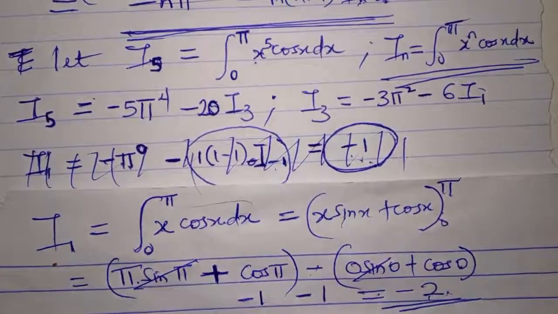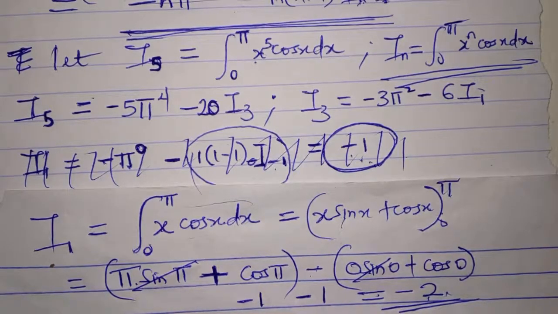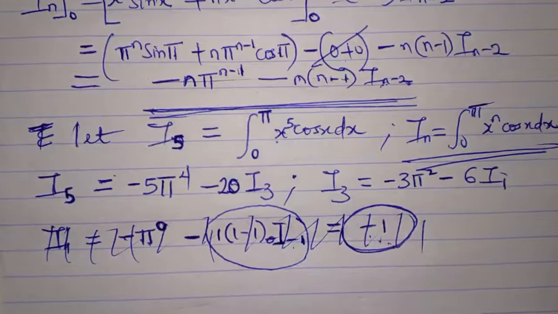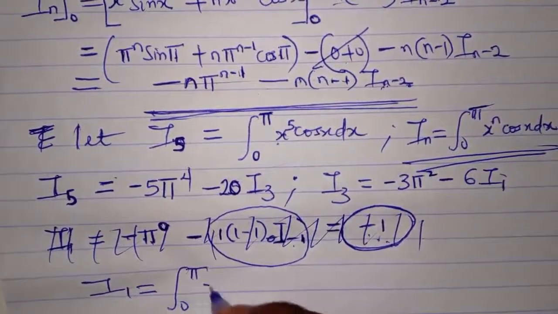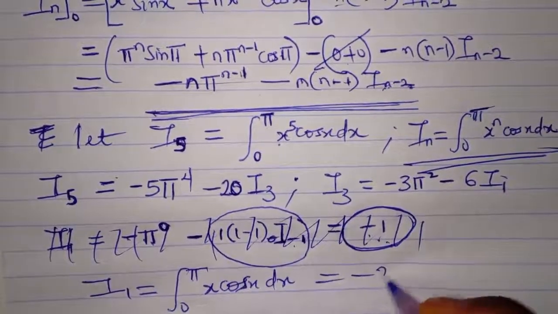Well, you ask me, why is it so? What I will tell you for now is to be careful. When you get to this point, make sure you verify the last solution. So I'll simply say my I1, which is the integral from 0 to pi of x cos x dx, is minus 2.